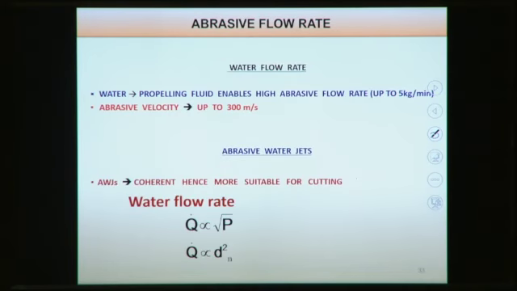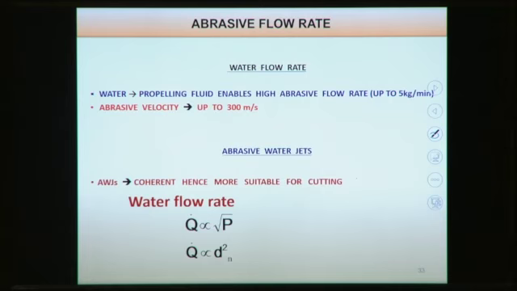Now, water flow rate. Water flow rate also influences the metal removal rate in the abrasive water jet machining process. The propelling fluid enables a high abrasive flow rate, up to 5 kg per minute, and abrasive velocity also increases, up to 300 meters per second.